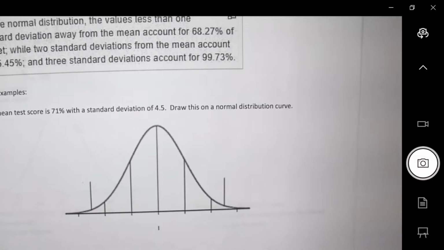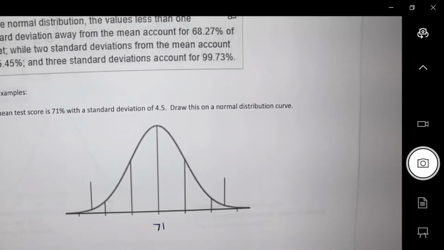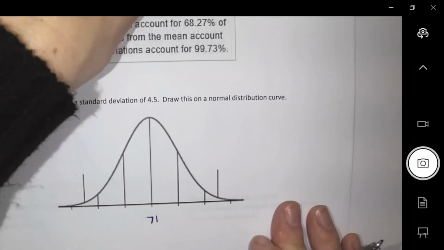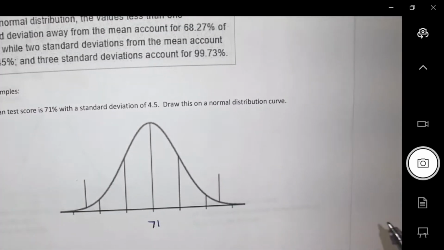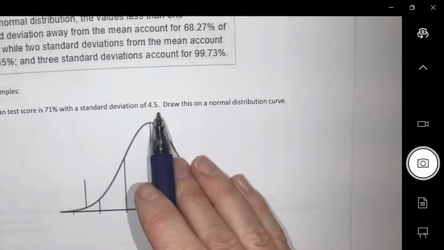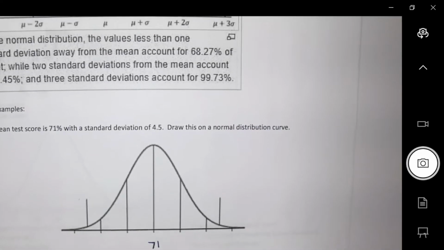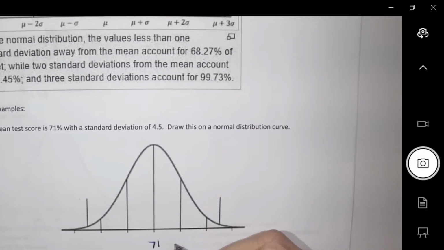If you have a mean score of 71%, it goes in the middle. If your standard deviation is 4.5, that means if you score one standard deviation above the average, you got a 75.5.